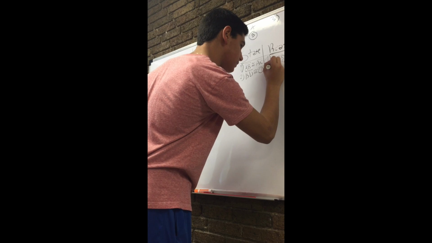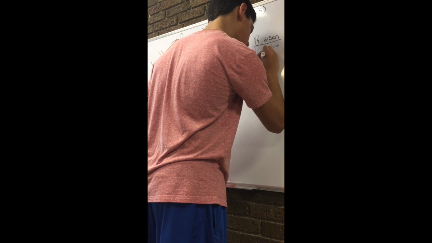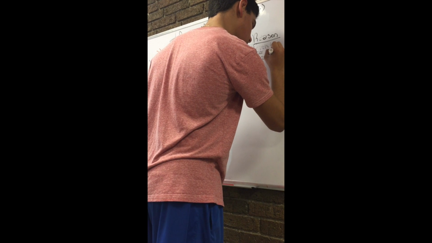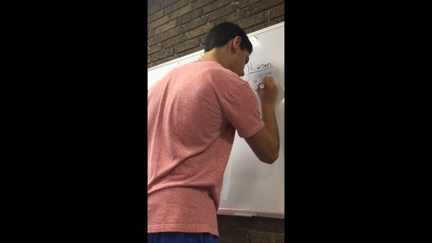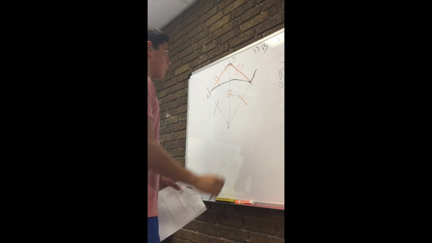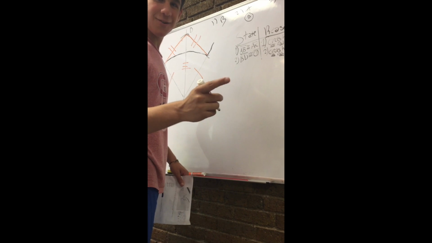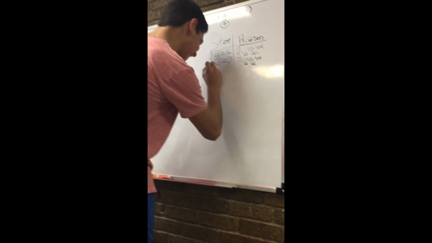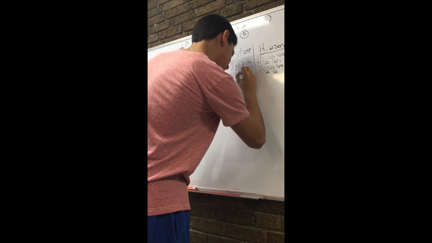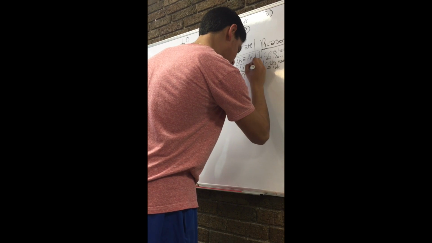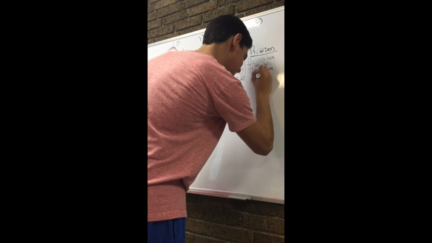This is because also circles have congruent radii. Now in the end, we know that AD is congruent to AD because of what? That's right, reflexive.